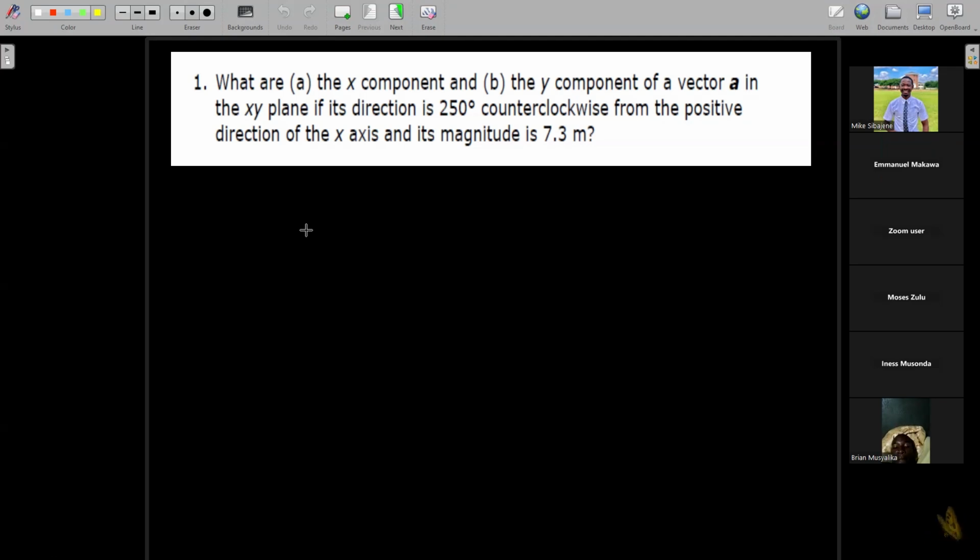What are a, the x component, and b, the y component, of a vector A in the xy plane if its direction is 250 degrees counterclockwise from the positive direction of the x-axis, and its magnitude is 7.3 meters. Thank you for that reading, madam.